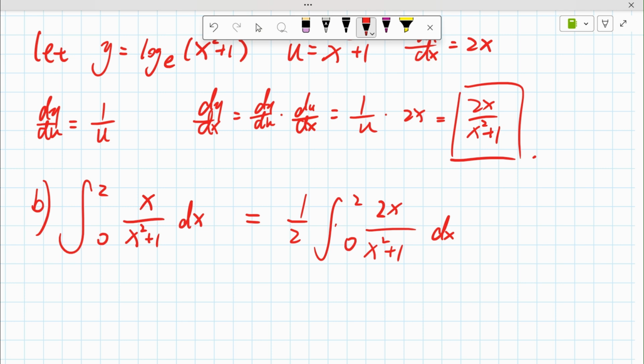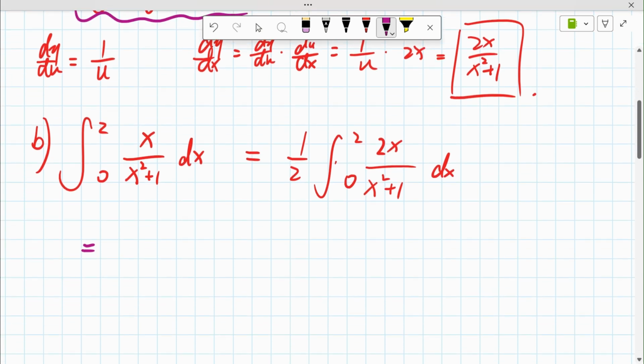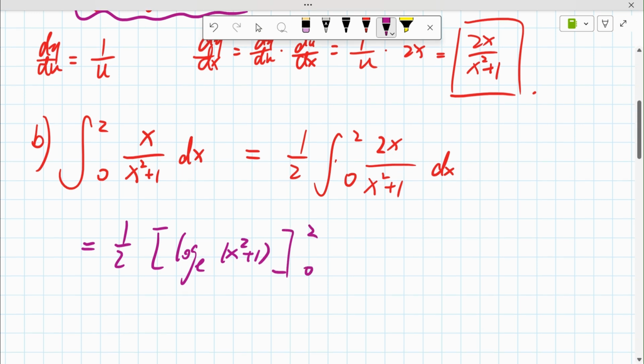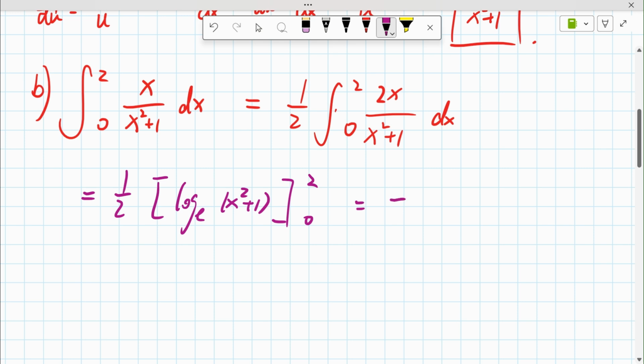We know the derivative of log e of x squared plus 1 is 2x over x squared plus 1. So which means that equals half of log e of x squared plus 1, from 0 to 2. Now what we do is just substitute in, and that's called integration by recognition.